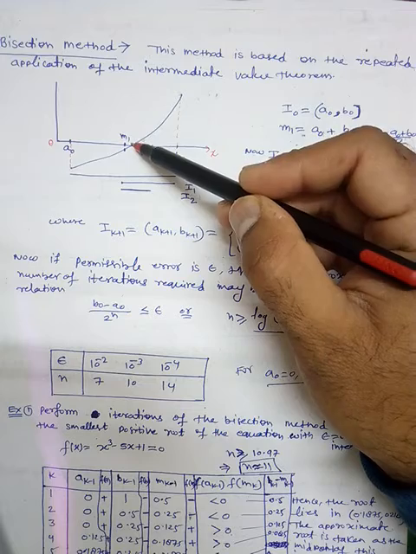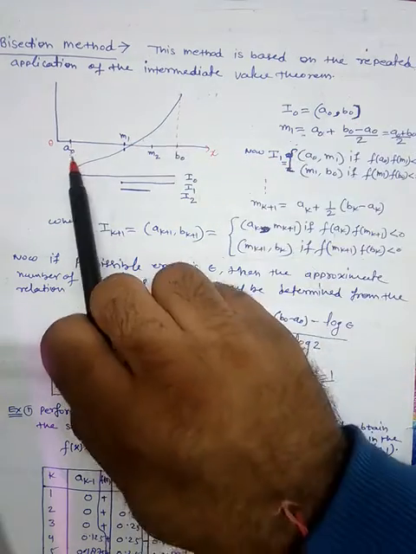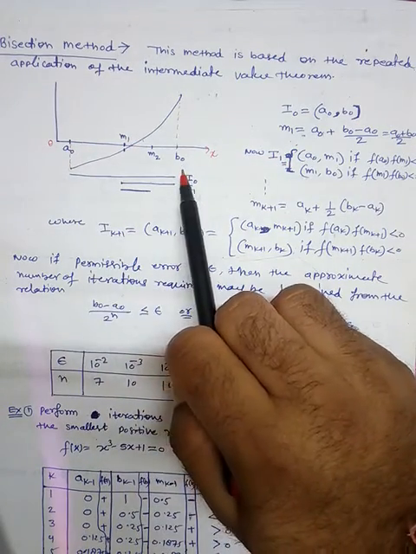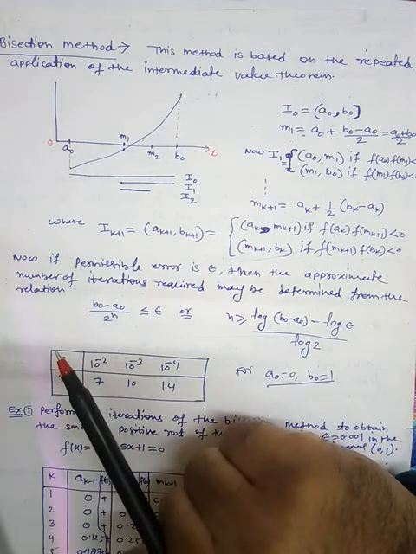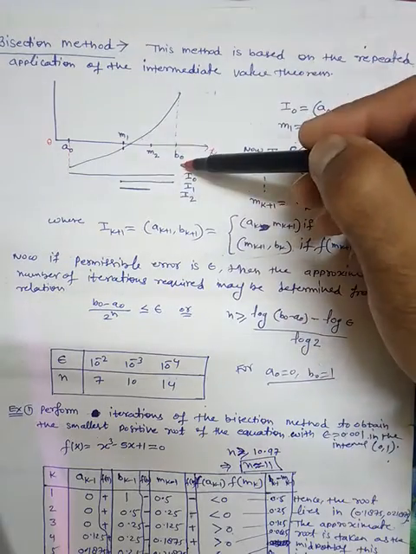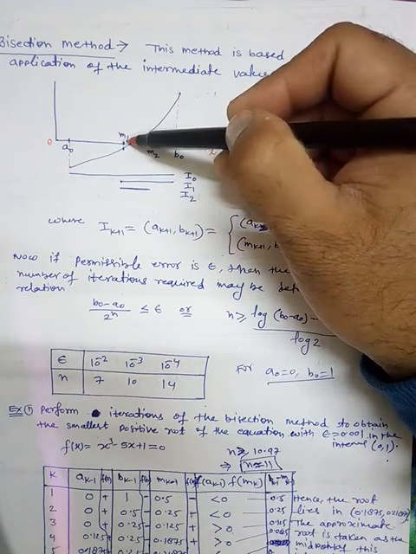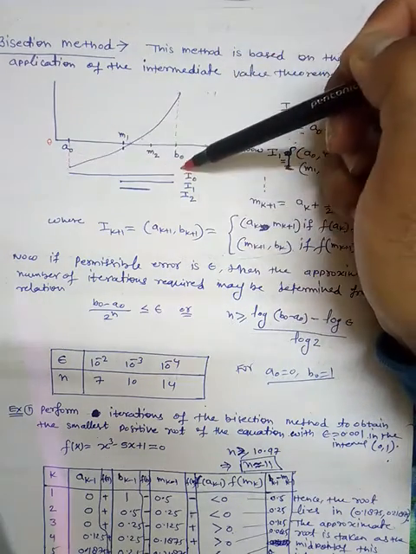Now we will bisect this interval a0 b0 into two equal parts. Suppose this interval is bisected at the point m1. m1 is exactly the midpoint of a0 and b0.